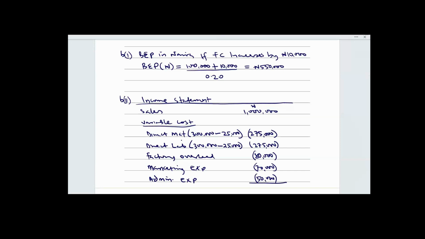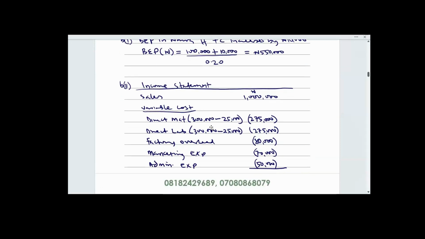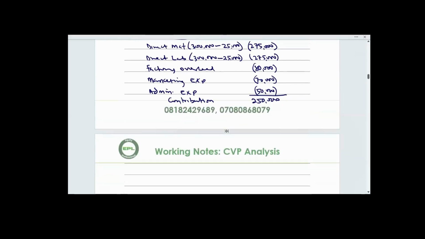So find the difference. 275 multiplied by 2, that's 550. 550 plus 200, that's 750. 750 minus 1 million, that will give me 250,000. So this 250,000 is the total contribution margin.